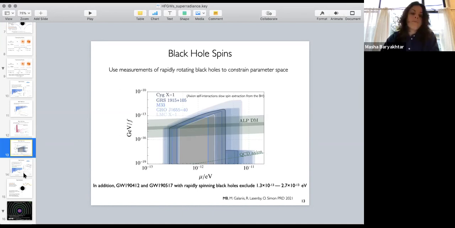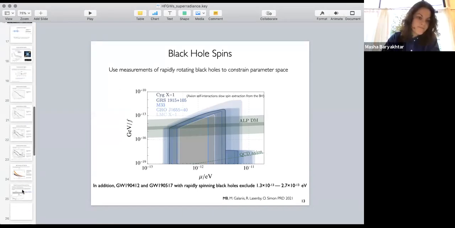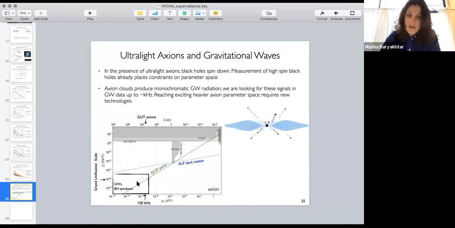The other point is that the axion mass is related to Fa, since it's a pseudo-Goldstone boson, and the symmetry from which the pseudo-Goldstone boson is produced is broken at this high scale corresponding to Fa.